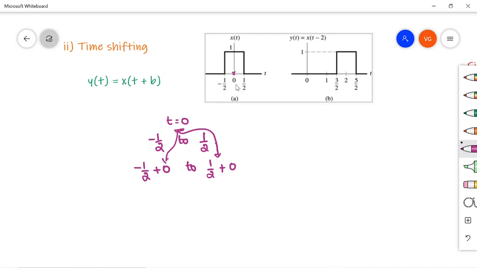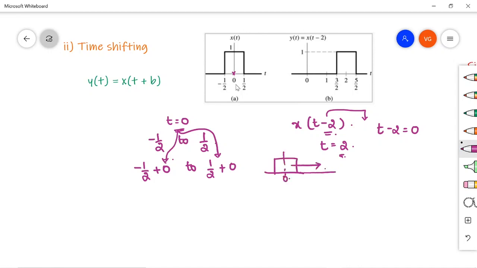Right? Now, they are telling you to draw x of t minus 2, right? x of t minus 2 means t is centered around 2. You have to find that out like this: t minus 2 equal to 0 means t equal to 2. The same signal is now centered around t equal to 2. Suppose this is the signal here at t equal to 0. The same signal I am just shifting to t equal to 2. This is 1 and this is 2.